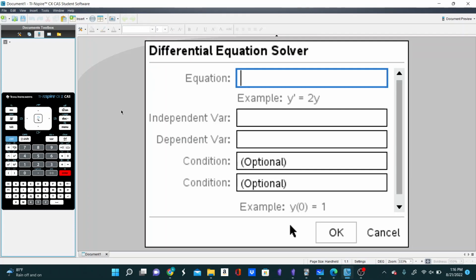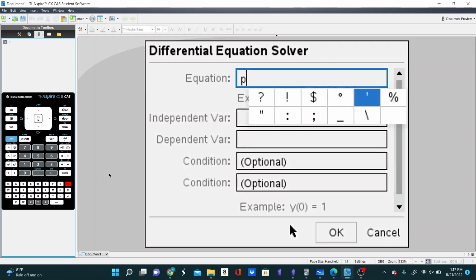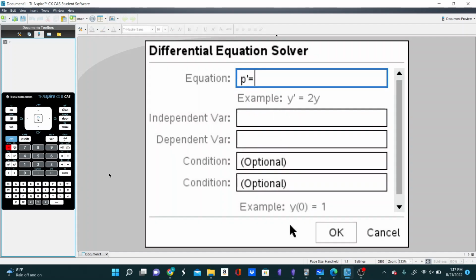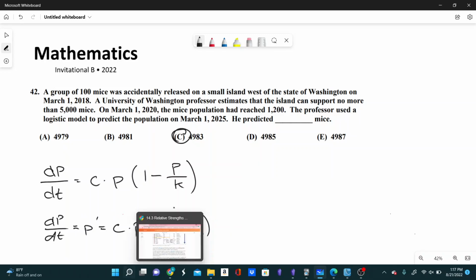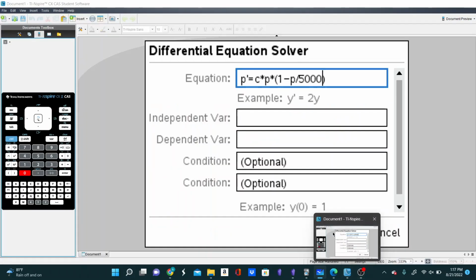So this is what you want to do. Our equation will be P prime is equal to our constant times the population times 1 minus the population divided by 5,000. This is exactly what I have over here. Okay?